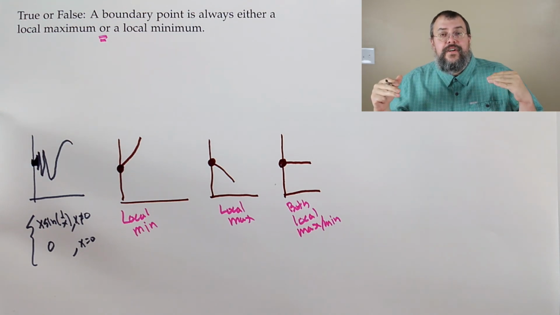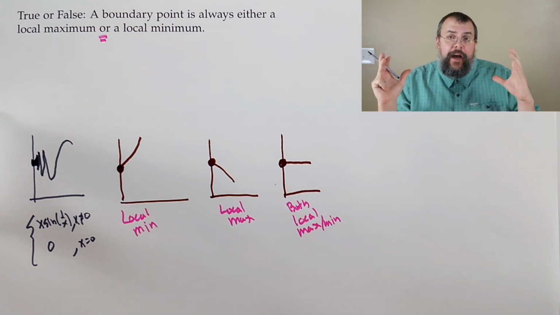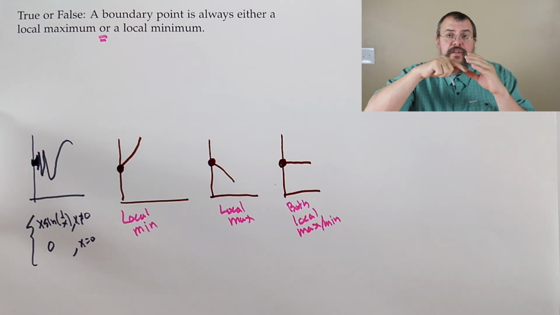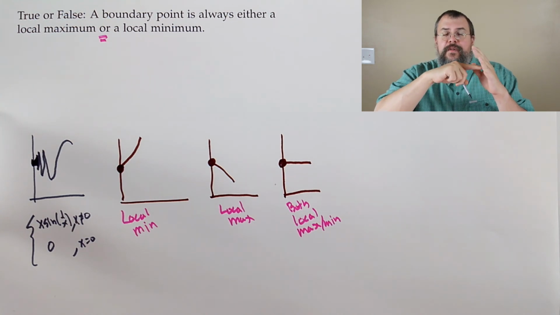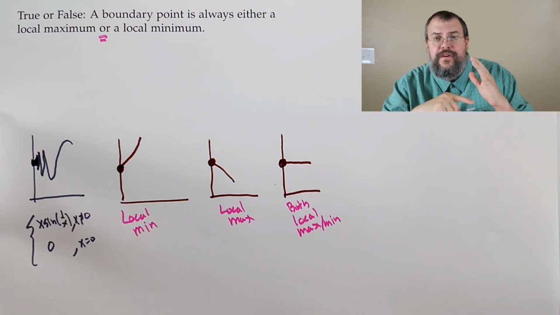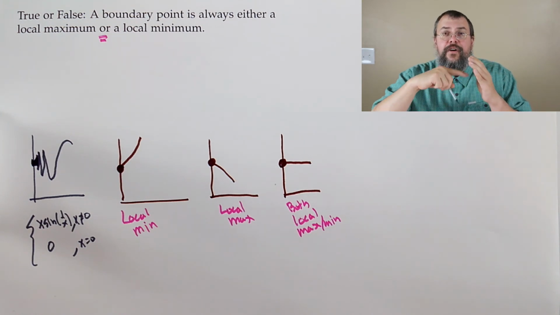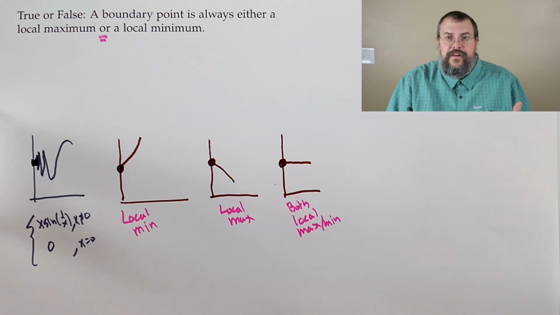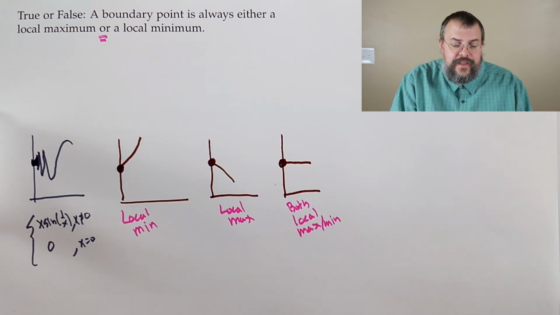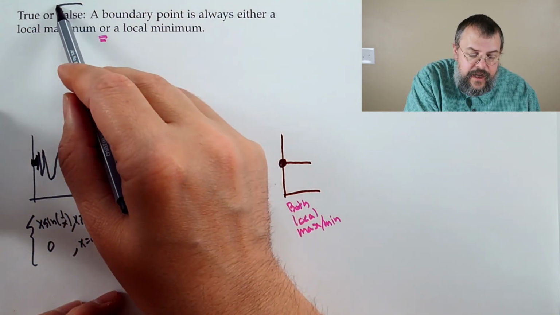Is 0 a local min? Well, no. See, no matter how much you zoom in, there's still infinitely many ups and downs happening next to 0, which means there's points that are below 0. Is 0 a local max? No, because you still have infinitely many oscillations. There's infinitely many times you're getting above 0. So it's neither. So this is a false statement.